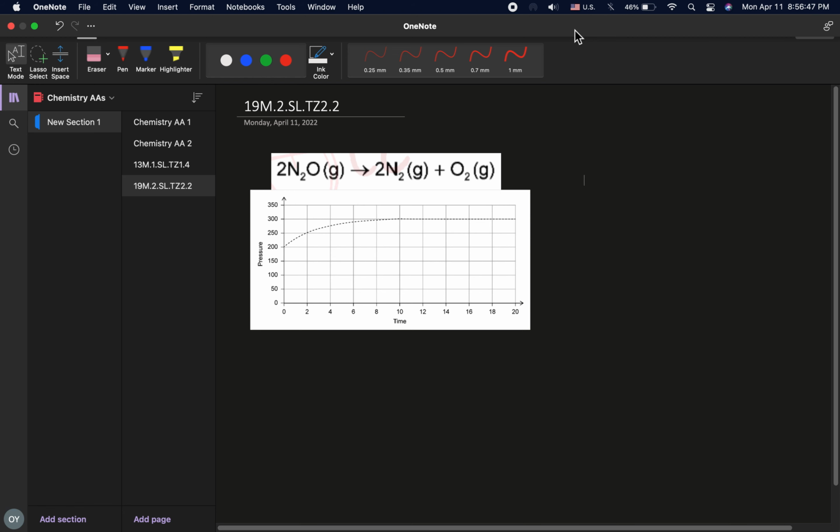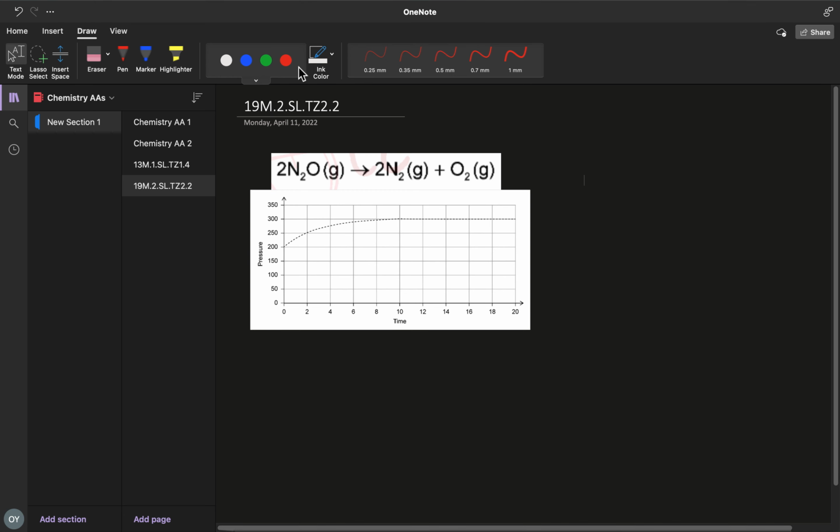Part C of the question asks, the experiment is repeated using the same amount of dinitrogen monoxide in the same apparatus but at a lower temperature. Sketch the graph you would expect. Referring back to collision theory, a lower temperature would mean that not as many molecules would have high enough energy to react.